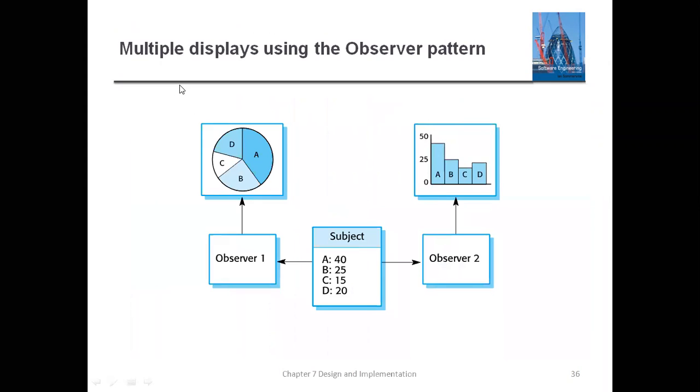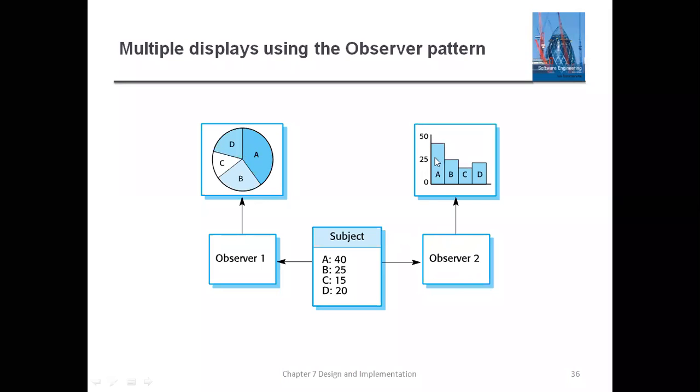Now what I'm going to do is find the observer patterns and the design pattern. My main aim is to find out the design pattern. If I consider my observer 1, I can get a chart where A has gone for 40 subjects, B 25, C 15, D 20, some values.